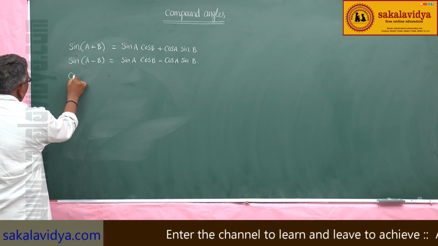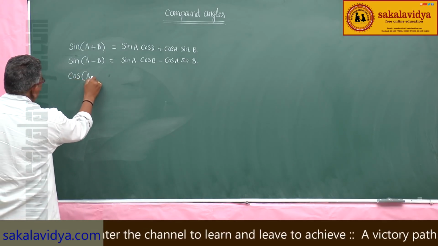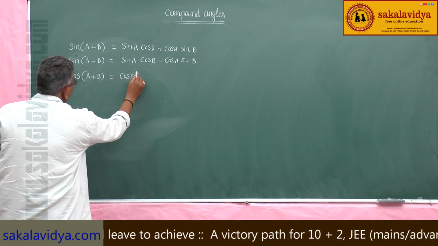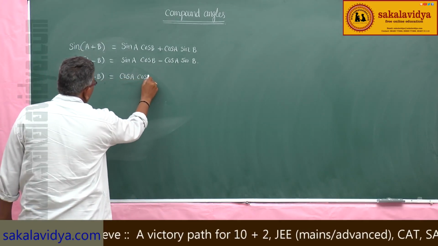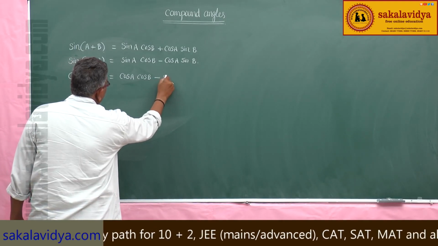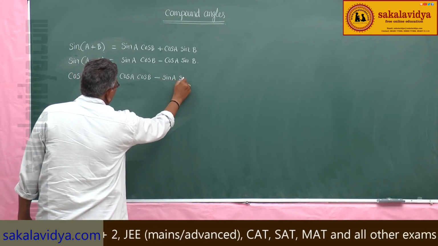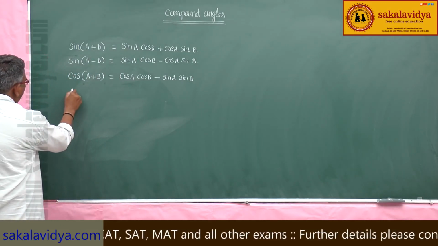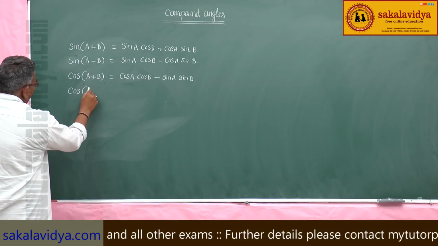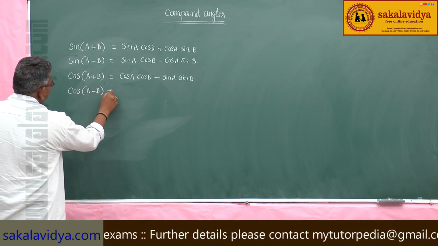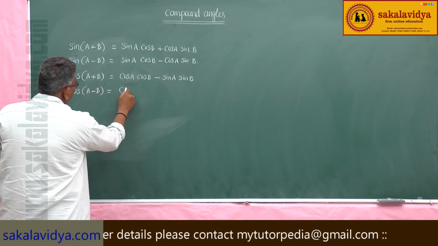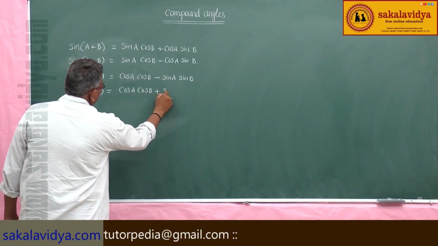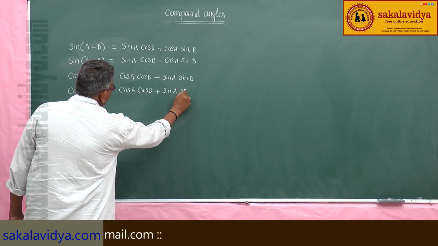Now, cos of A plus B is equal to cos A cos B minus sin A sin B. Now, cos of A minus B is equal to cos A cos B plus sin A sin B.